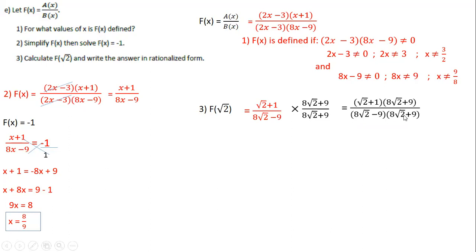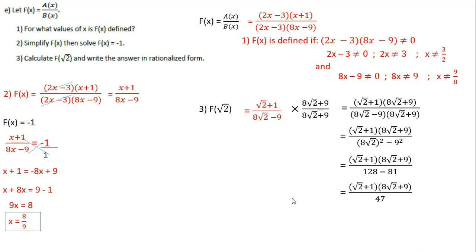Now in the denominator, we have 8 radical 2 minus 9 and 8 radical 2 plus 9. These are difference between two squares. This is a remarkable identity, a minus b into a plus b. It is a squared minus b squared. So in this form, we write the fraction in rationalized form.